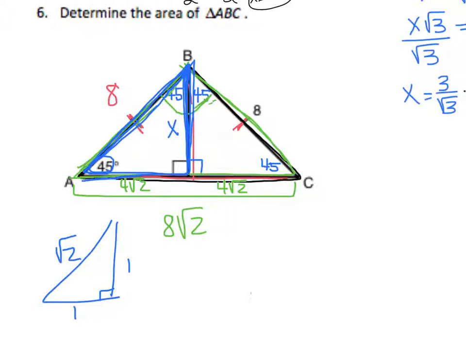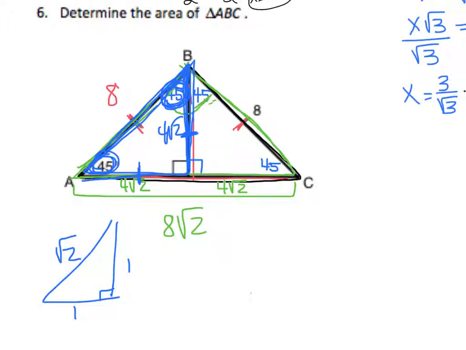Actually, you know what? We don't even have to do right triangle trig, because if this is 45 degrees and this other angle is 45 degrees, each little triangle is a right triangle that's isosceles. So both the legs are going to be the same. So the height is going to be 4 root 2 as well. Okay. Again, if you didn't recognize that, you can always, always, always do right triangle trig with your 45, 45, 90s or 30, 60, 90s. It's just what you recognize.